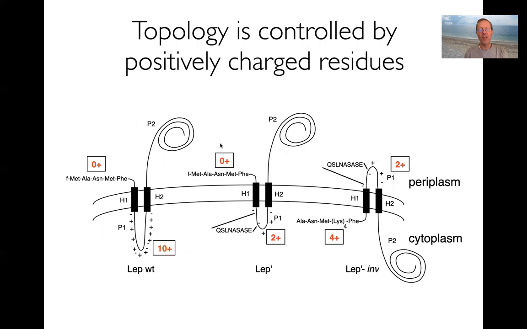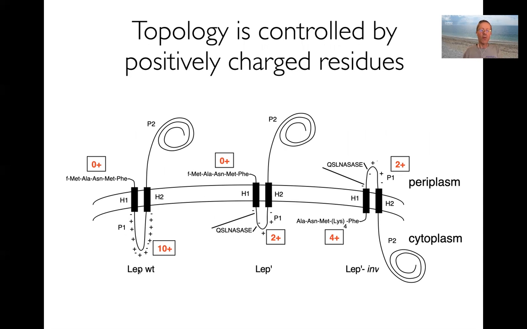Just to note in passing that it's not just a correlation between orientation and incidence of positively charged residues, but you can actually control the orientation of a membrane protein by relocating positively charged residues from one side of the structure to another side of the structure. So here is actually an experiment.